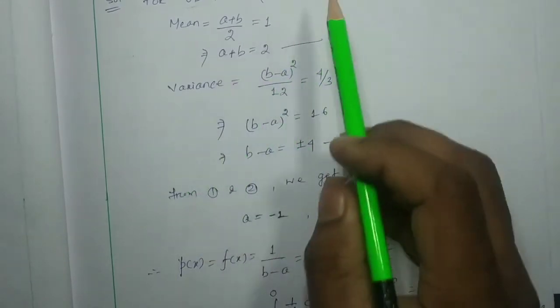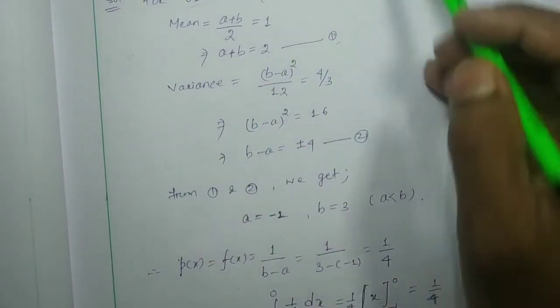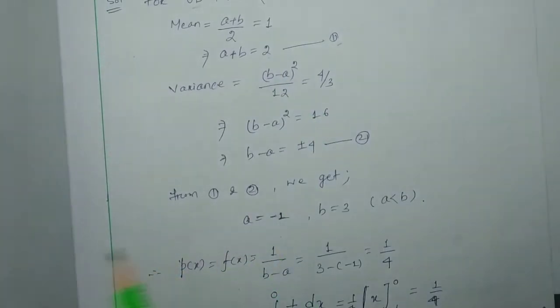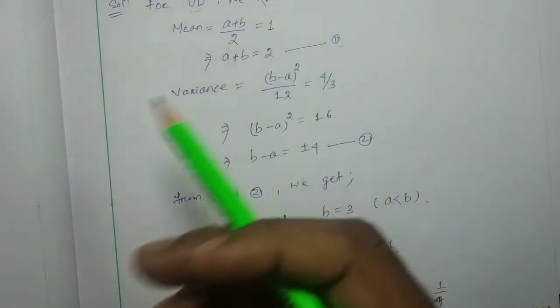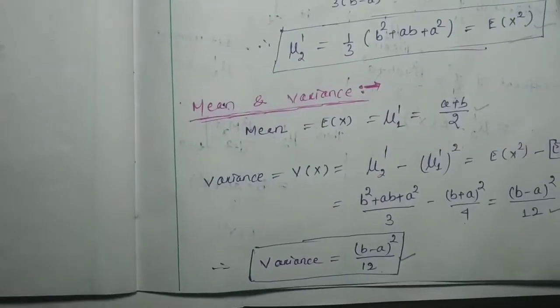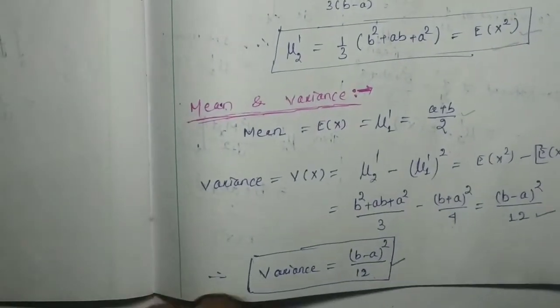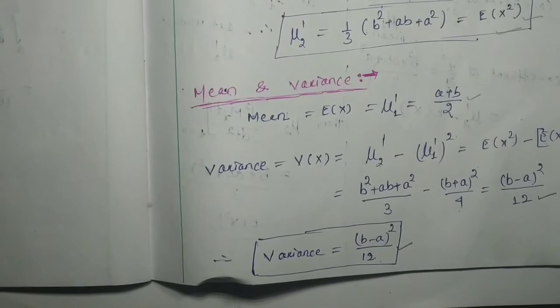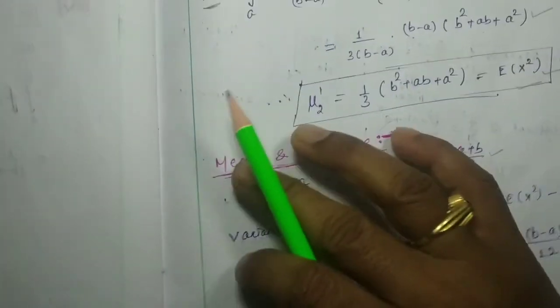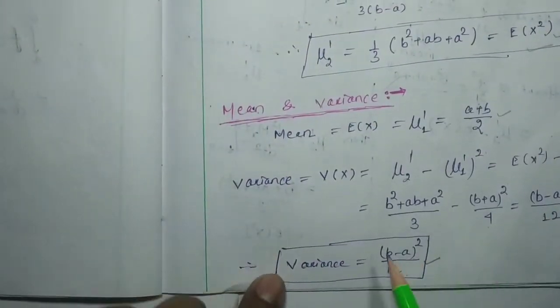And the variance is given as 4 by 3. For this case, how much variance did we find? You can see just now we found the variance of the uniform distribution is nothing but b minus a whole square by 12.